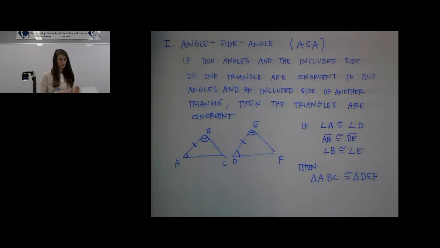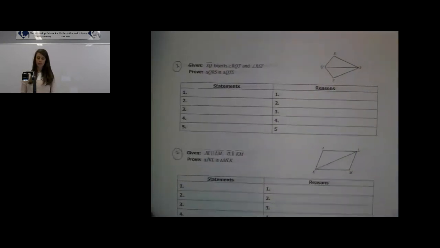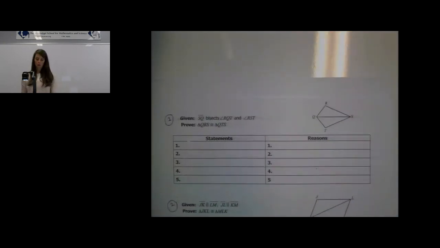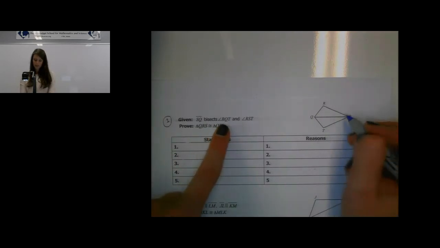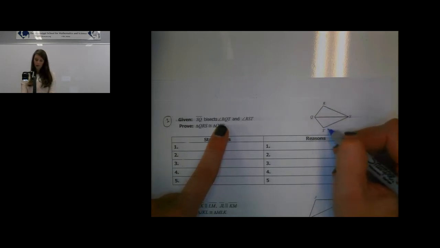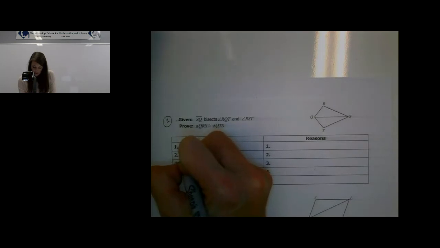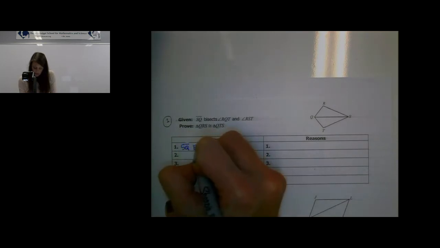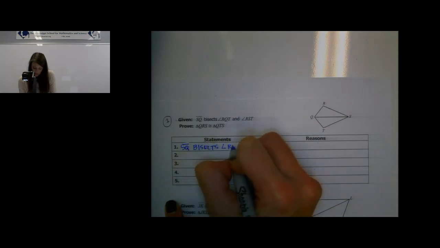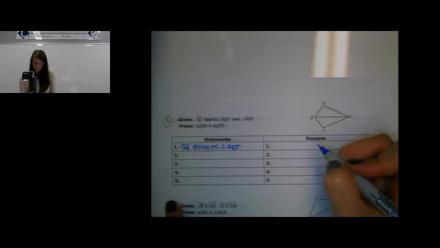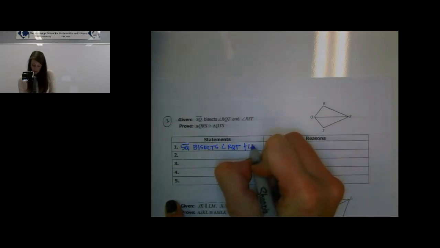All right. So let's look at some proofs here. SQ bisects angle RQT, and let's do RST.